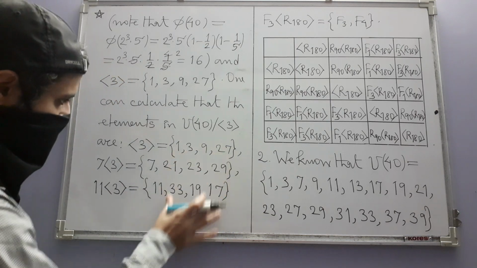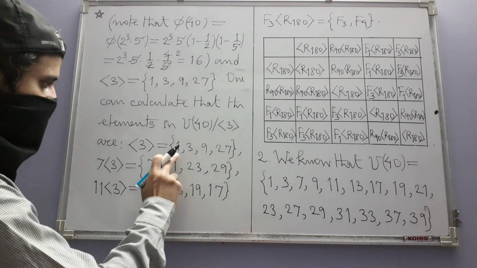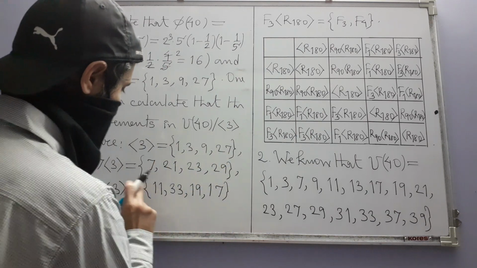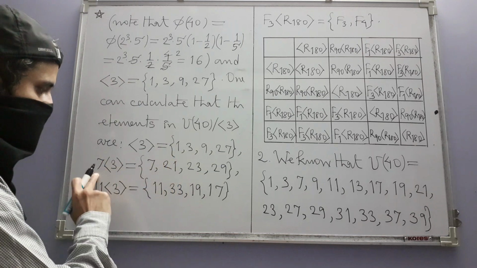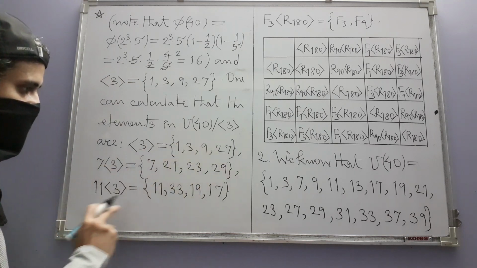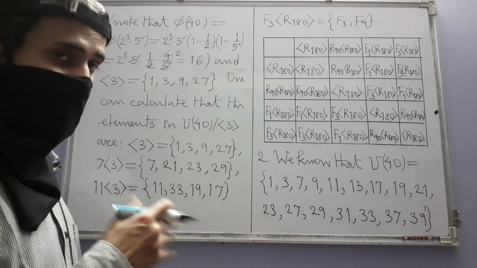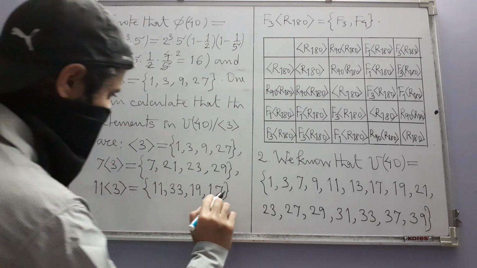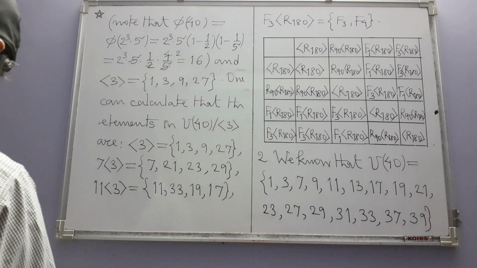Also I have maintained the order of these elements in these sets. By that what I mean is that 7 times 1 is 7, 7 times 3 is 21, 7 times 9 is 23 modulo 40 if you calculate like that. So that order I have maintained for your convenience.